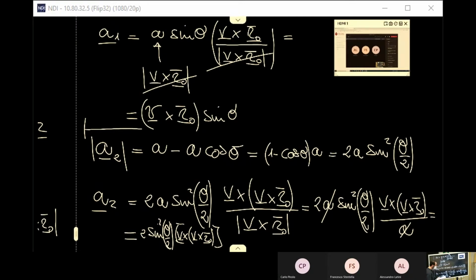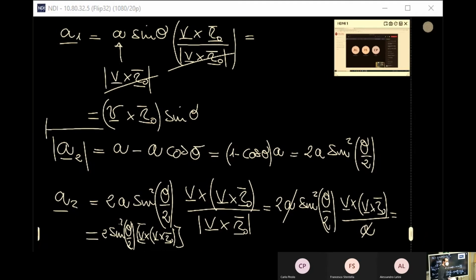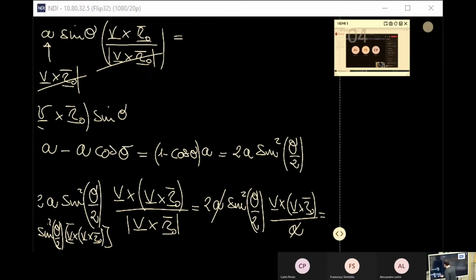Nice. Okay, but so with all this in mind, we can now finally express delta R, right? This was our initial scope.